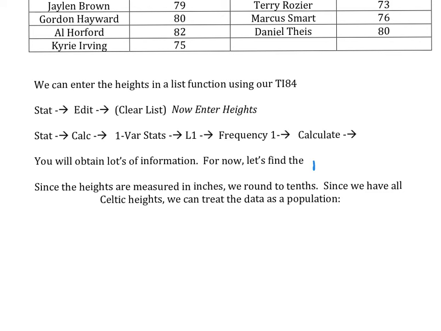I think I said in yesterday's agenda that we want to find the mean, and the mean you would see as x bar at the very top. And I forget what the mean of this one came out to, but hopefully you were able to find that one. I didn't write it down in my notes. You tell me. I think it was 79 point something.